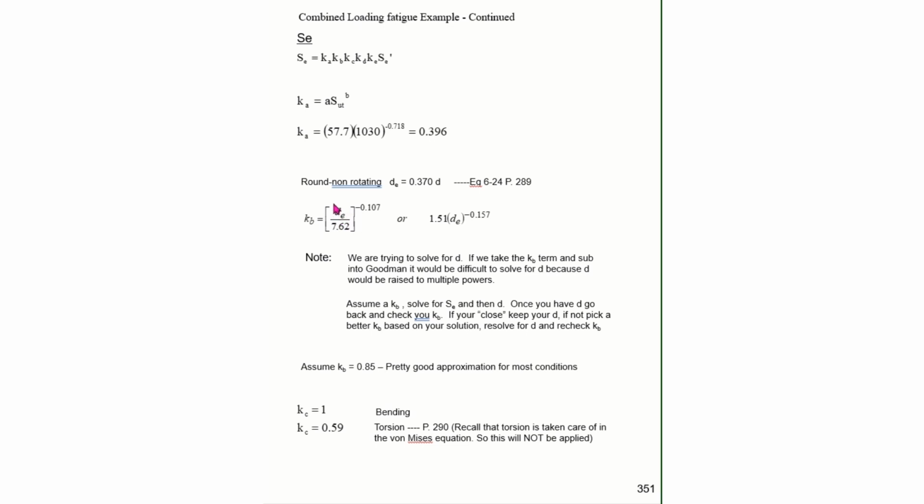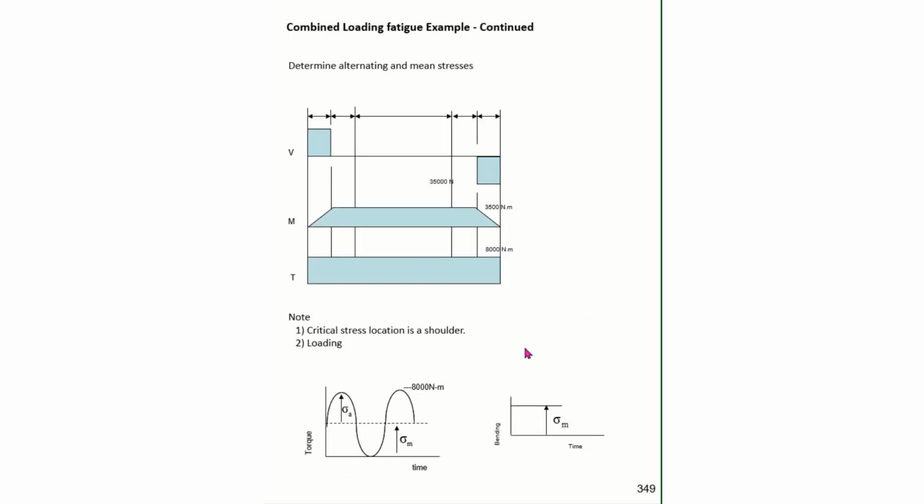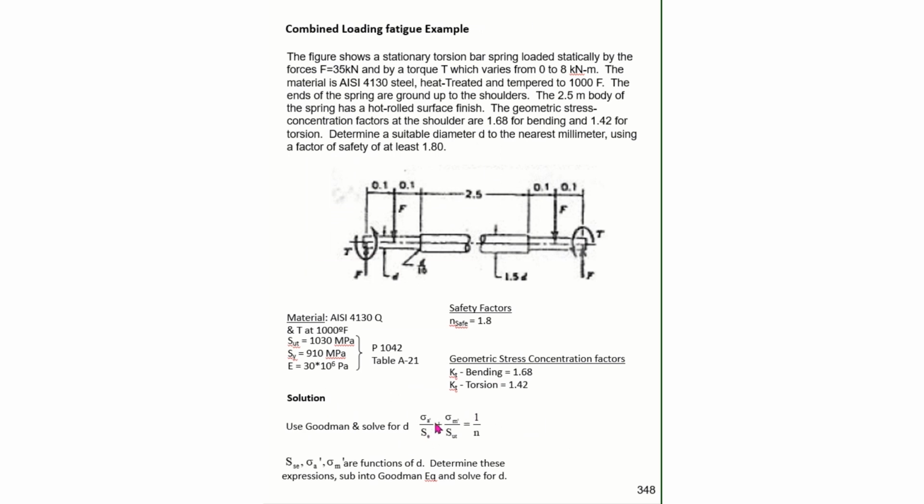So typically what will happen here is you will have a Kb that's raised to this negative 0.107, and we'll have that in our endurance limit, and then when we go to stick that into our Goodman equation, we're going to have a D cubed from here and a D cubed from our alternating stress, and then when we stick those into Goodman back here, we're now going to have a D raised to the minus 0.107.